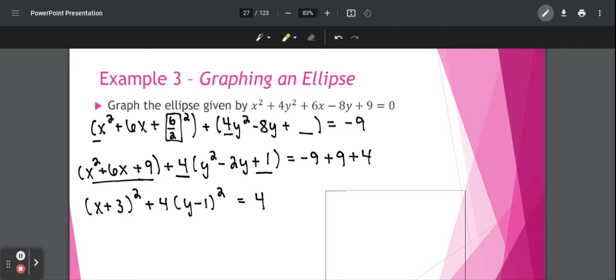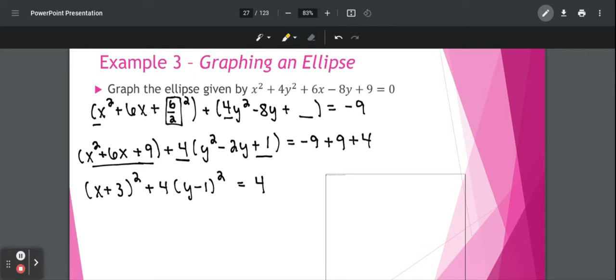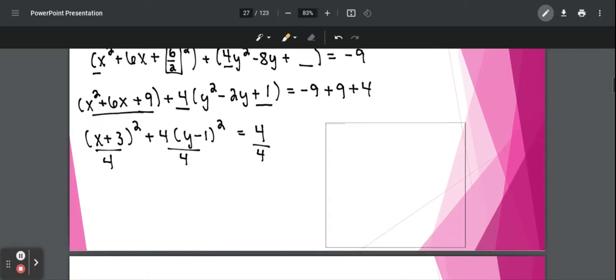And so now to get that standard form of your ellipse, we have to divide everything by 4. And so we get x plus 3 squared over 4 plus y minus 1 squared, and it might help just to say over 1 equals 1.